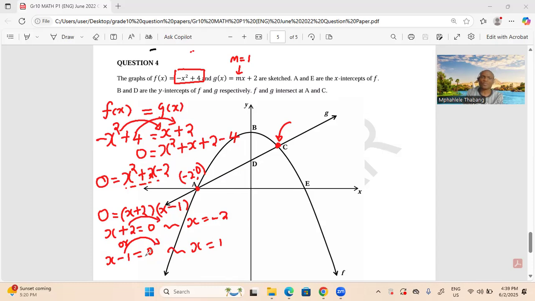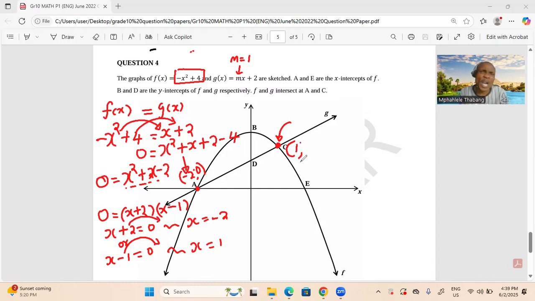So the two graphs meet at a point where x is 1 and also where x is negative 2. And we see that x is negative 2 at the point A. Remember, the two graphs meet at A, where x is negative 2, and they meet again at C, where x is 1. So the value of the x coordinate at C is 1.